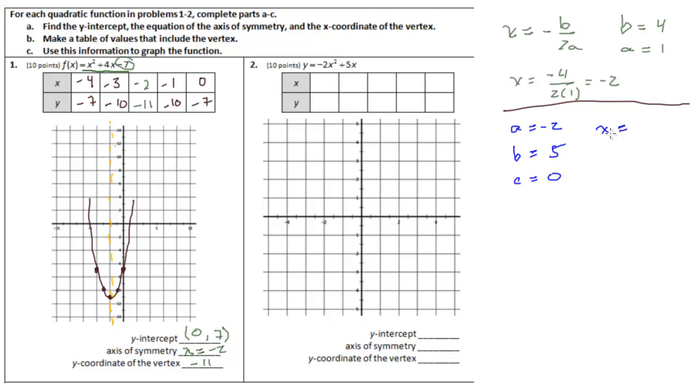The axis of symmetry is a line, so it's going to be x equals something. That's how we write the equation of a vertical line, and that's going to be x equals the opposite of b, which is -5 over 2 times -2. That's 2a. So this comes out to be a fraction. It's -5 over -4, or 5/4.